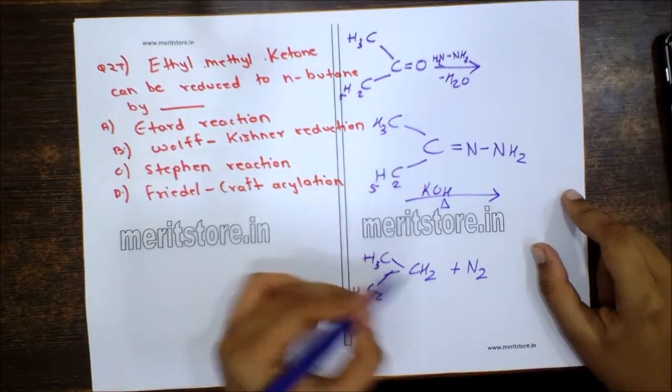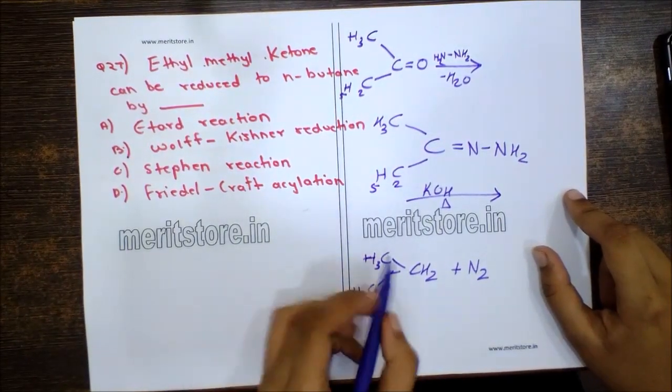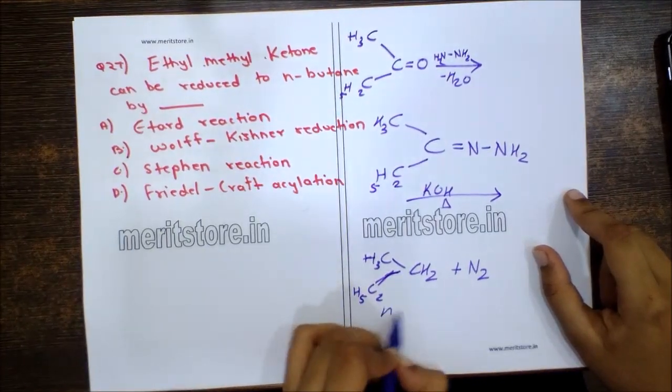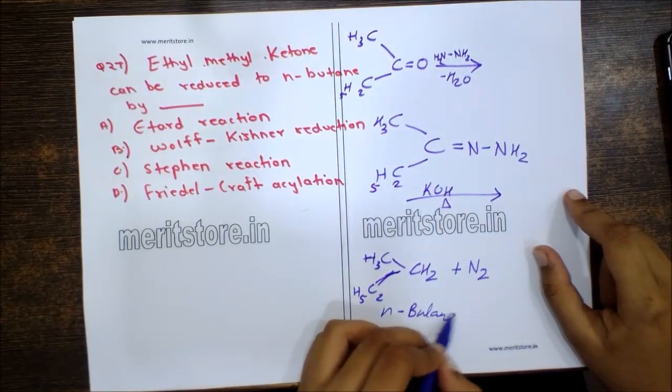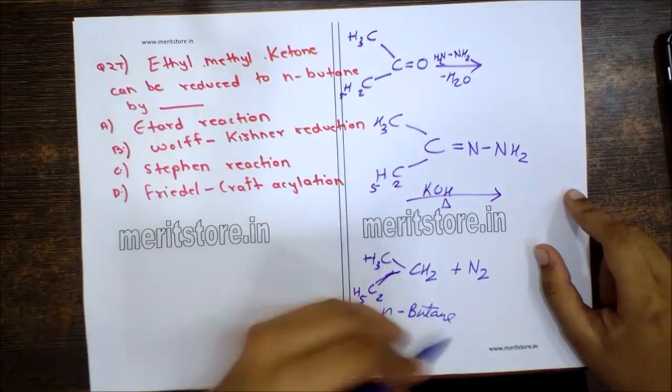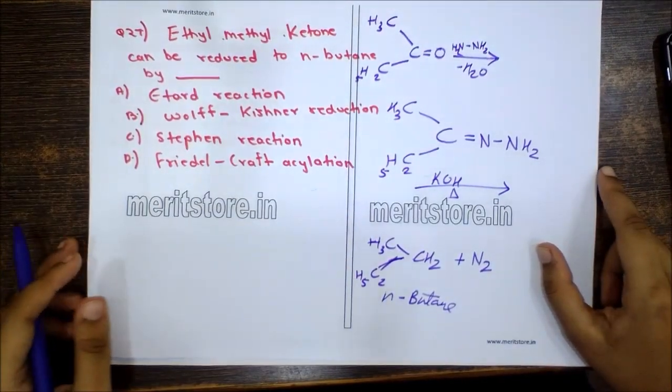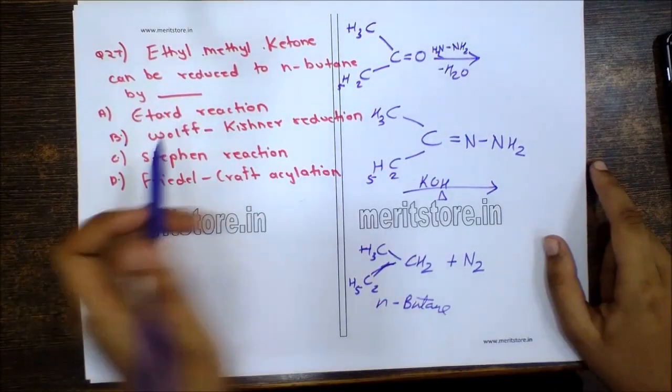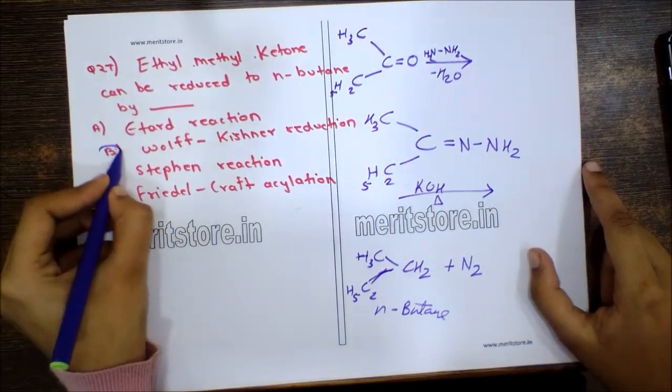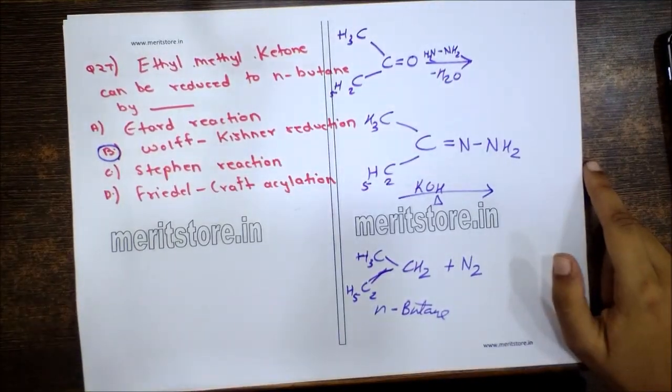This is nothing but 1, 2, 3, 4 carbons in a single chain. This is my n-butane. So from ethyl methyl ketone we have boiled down to n-butane, and this whole reaction is known as Wolff-Kishner's reduction. Therefore option B, Wolff-Kishner's reduction, is the correct answer.